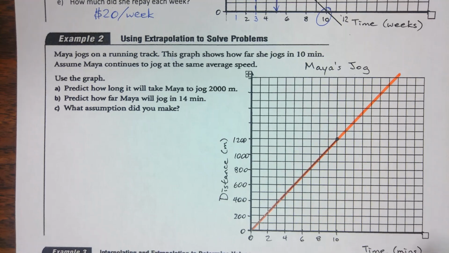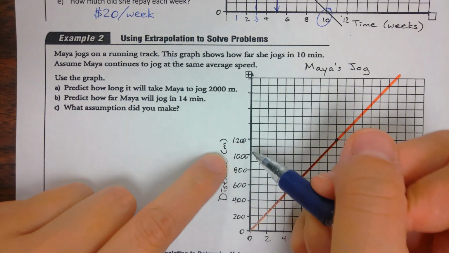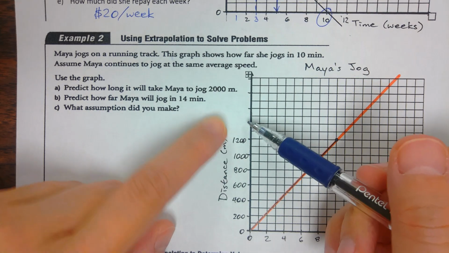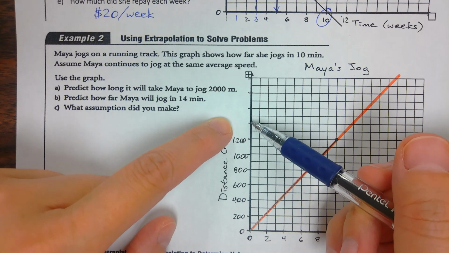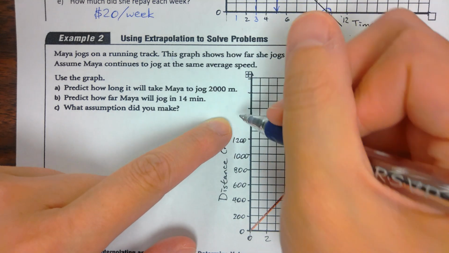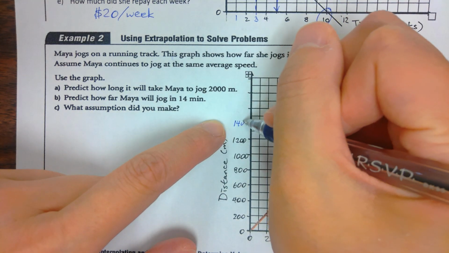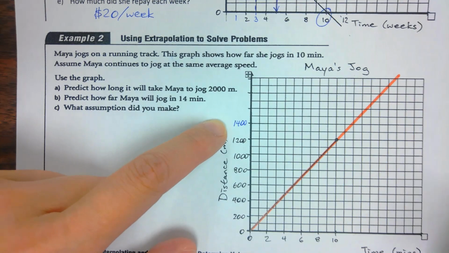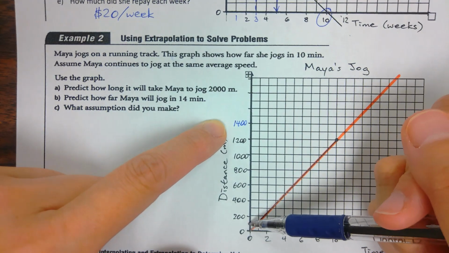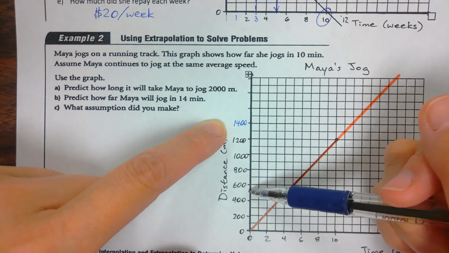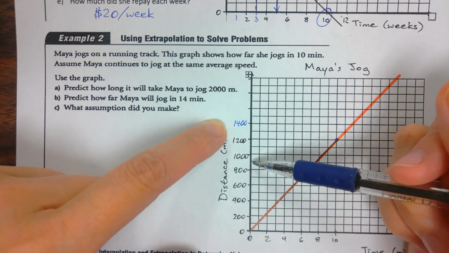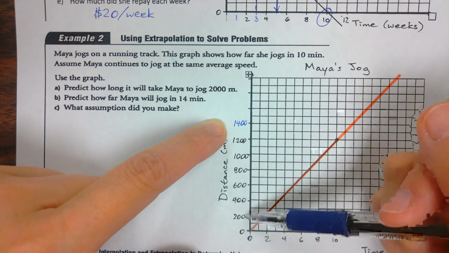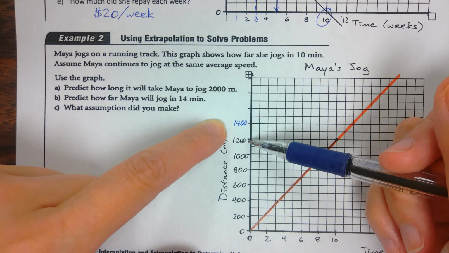So something like this. Okay, and then here, instead of 1,200, what is the next number here? Yep, 1,400. How do you know? Yeah, because we're just continuing the scale. So in order to use extrapolation, you have to continue the scale that was originally set.